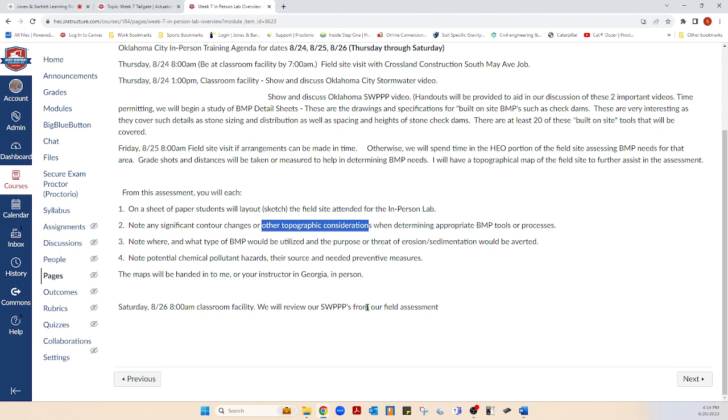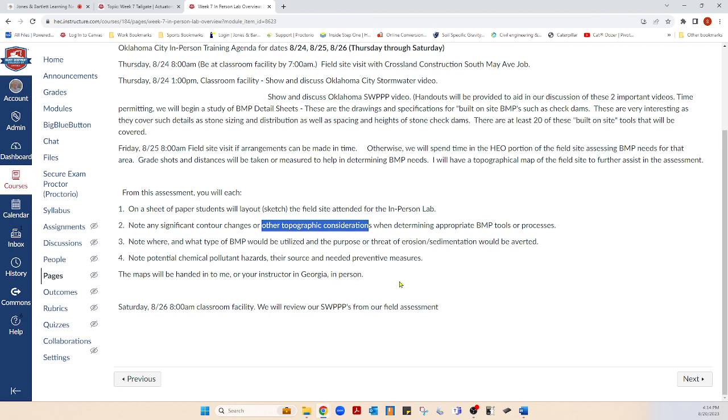You have to get your SWPPP done and turned in to them, and then at some point they will come out and see that you've done the things you said you would do. So it will probably not be like going to Disneyland or a water park, but I hope we will get something out of it.